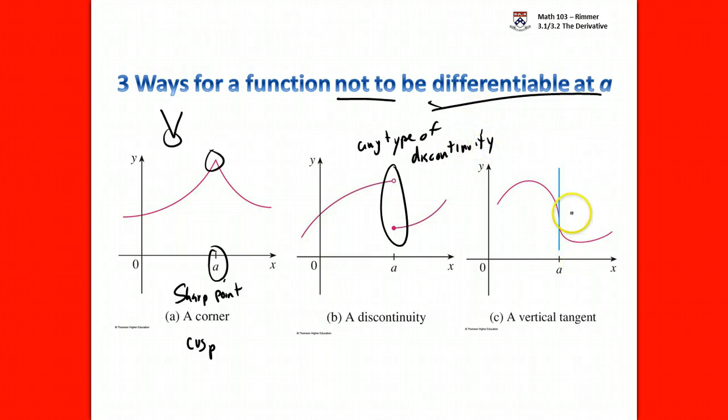And then lastly, if the tangent line ends up vertical, this is a vertical tangent line. Vertical lines have no slope, undefined slope. I'll show you an example of that. If that's the case, then you're not differentiable there either.